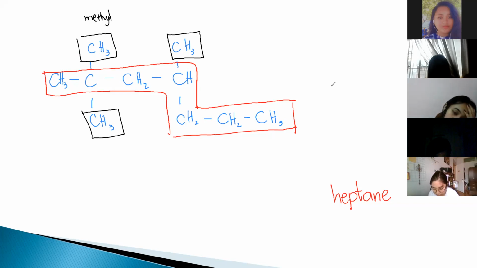Now, assign the numbers. Where should we start? If I start here at carbon number 2, I already have the substituent. Pero if I do the reverse, if this is my carbon number 1, I'll have the substituent at carbon number 4 pa.